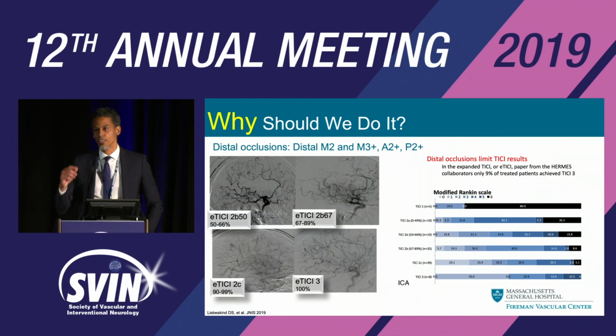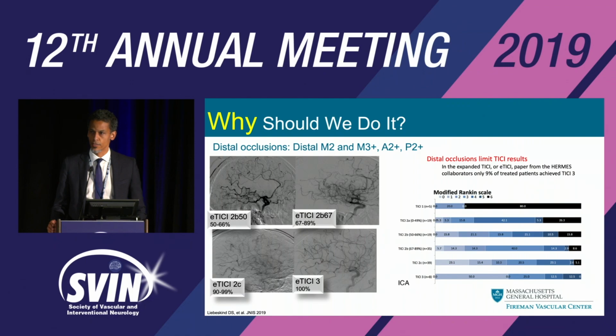And the reason that we don't achieve full reperfusion is typically because of distal occlusions. Distal meaning M3s and beyond, A2s and beyond, P2s and beyond. And so as we're striving to give our patients the best outcome, we need to stop thinking about the floor of 2B and start thinking about floating up to the ceiling of TICI 3.